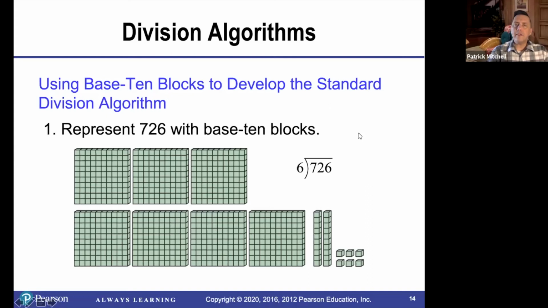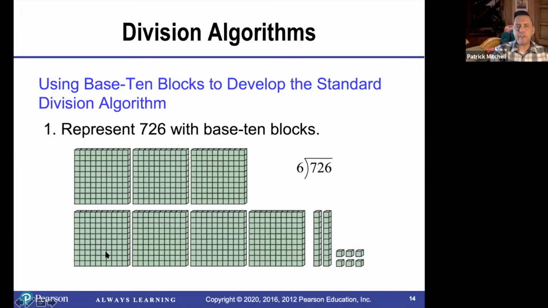Let's look at some division algorithms, using base 10 blocks to develop the standard division algorithm. Looking at the problem 726 divided by 6. Here I have the number 726 represented with base 10 blocks.